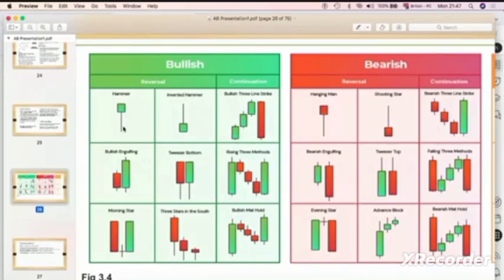You see a hammer in charts when there is a lot of momentum and a lot of liquidity, but it identifies that sellers are becoming weak in the market, while buyers are becoming very aggressive.